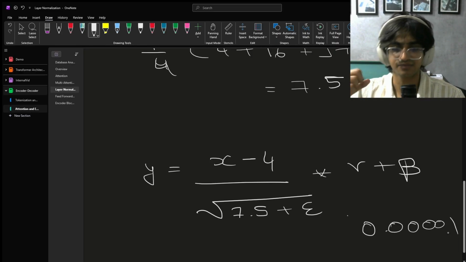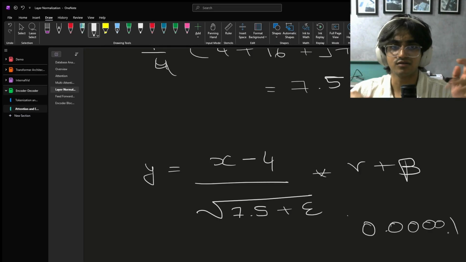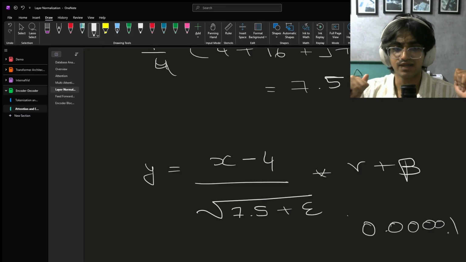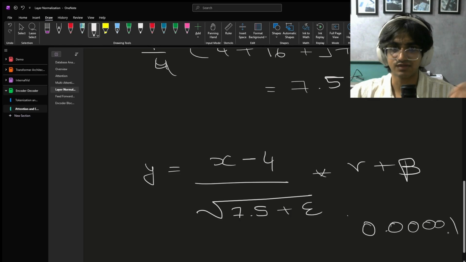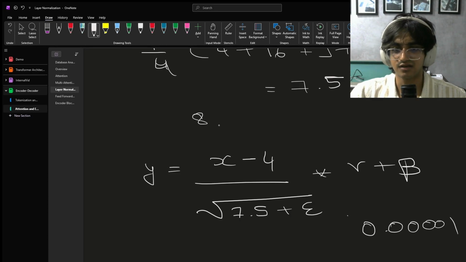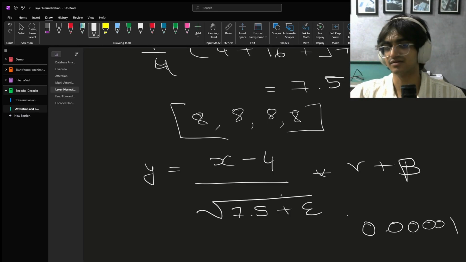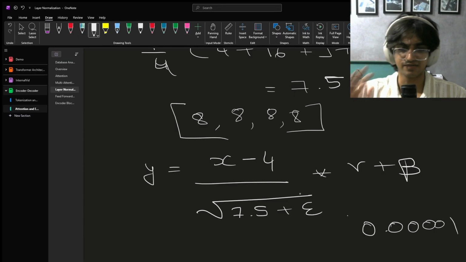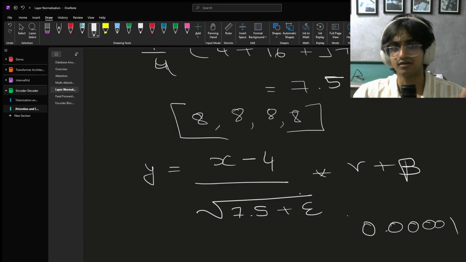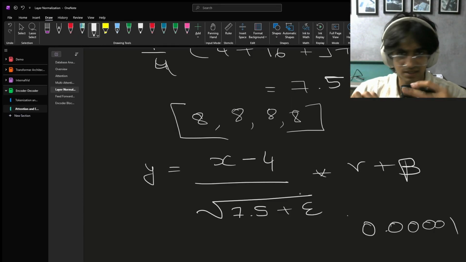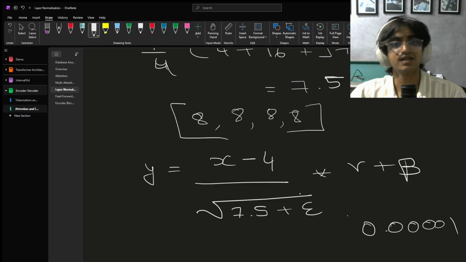Normally, that's what's taken. So we take this epsilon to ensure there's no zero division error. By that, I mean, if all the data points were the same, if it was just 8, 8, 8, 8, our variance is just 0. But we can't divide by 0. So hence, to prevent the division by 0, we have epsilon to compensate for that. So yeah, this is layer normalization.